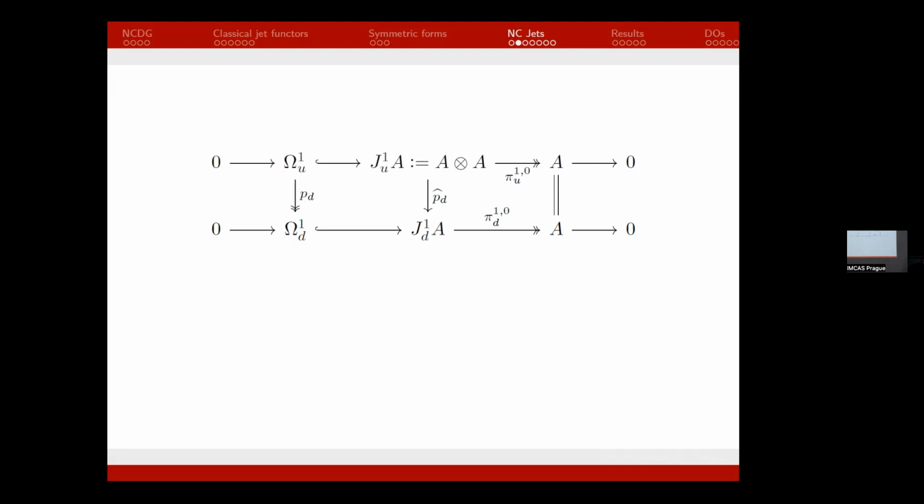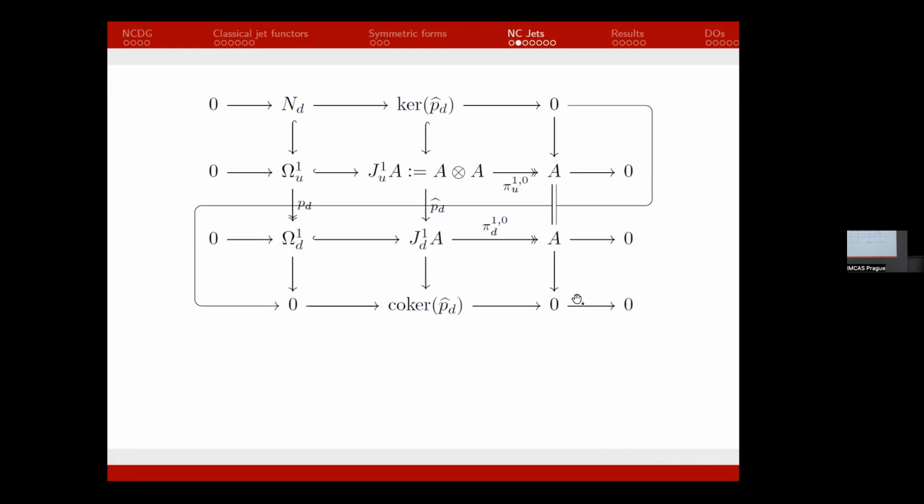We take now the kernels and the cokernel, and we see that everything is 0 except for the kernel of the projection from the universal to the exterior algebra, which we call ND, and these two mysterious objects, kernel and cokernel of the central extension. Now we can apply the snake lemma, and it turns out that the snake long exact sequence must be exact.